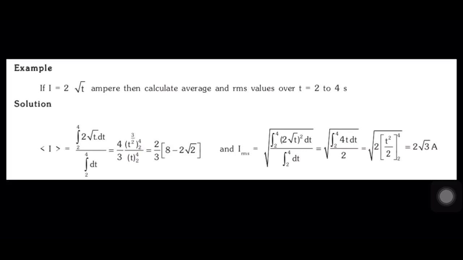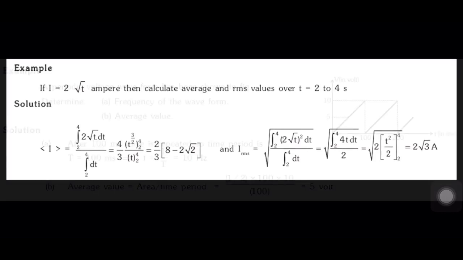So once you do that particular step, the same procedure goes on. Now it's integration inside the root. So in the end, you can see that substituting values, and you have to take the root of the final value, you get 2 root 3 ampere. So simple as that. The question is asking to calculate the average value and the RMS value. This is the step you have to do.